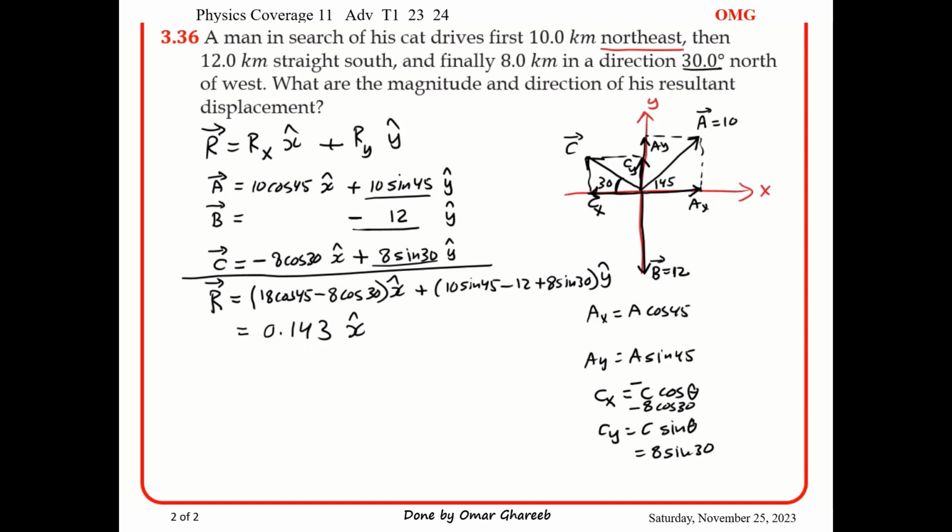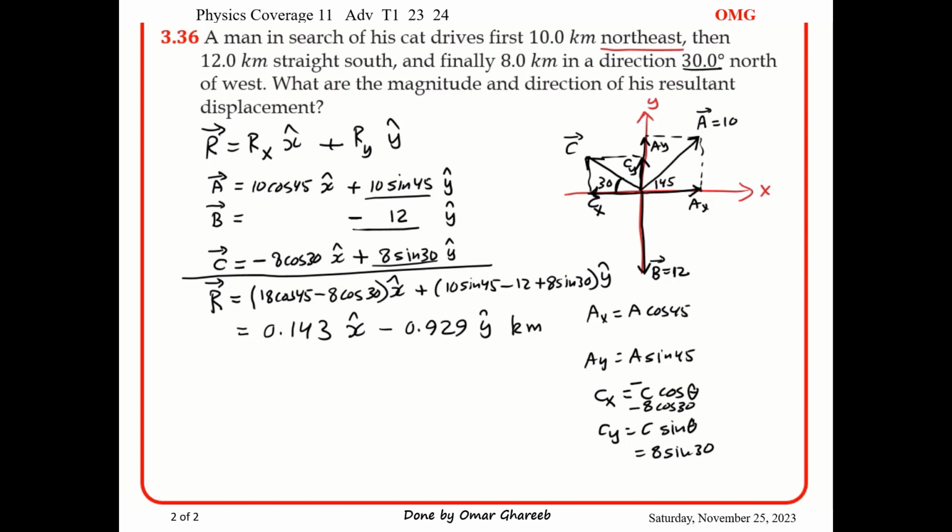Use your calculator. Then the y component is minus 0.929. The magnitude is in kilometers.